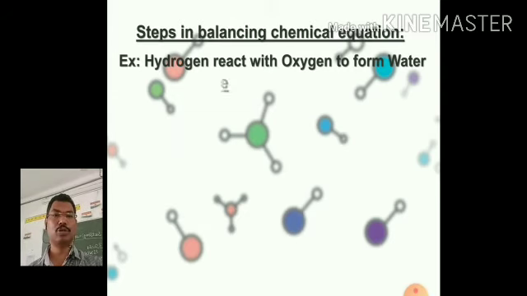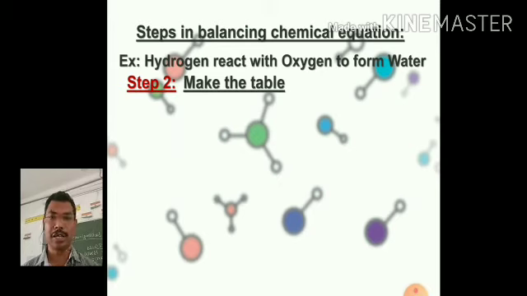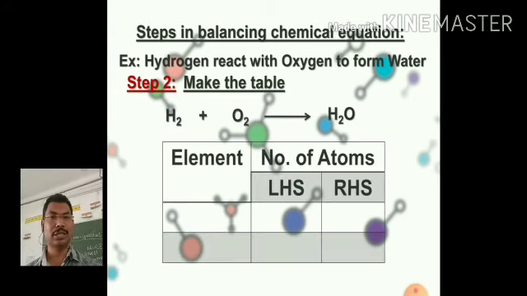Now let us move on to step 2, make the table. How to make the table? Is there any proforma? Yes, there is. Now we have a reaction, and this is the format of the table. We have three columns: the first is element, the second is number of atoms on LHS, and the third is number of atoms on RHS.